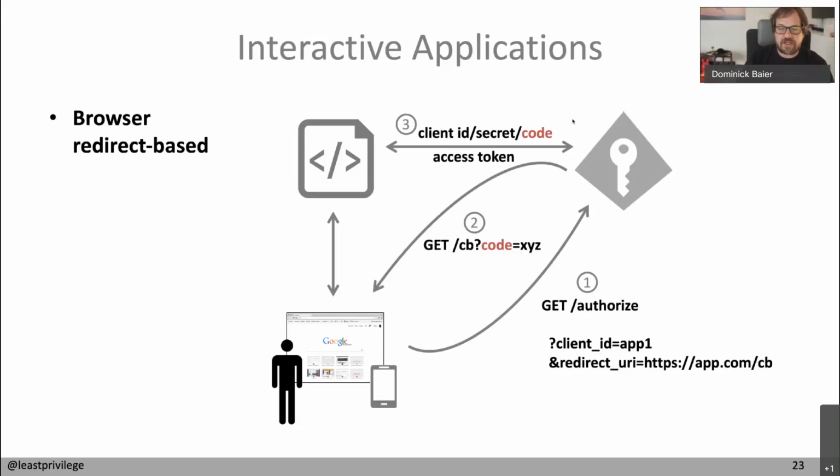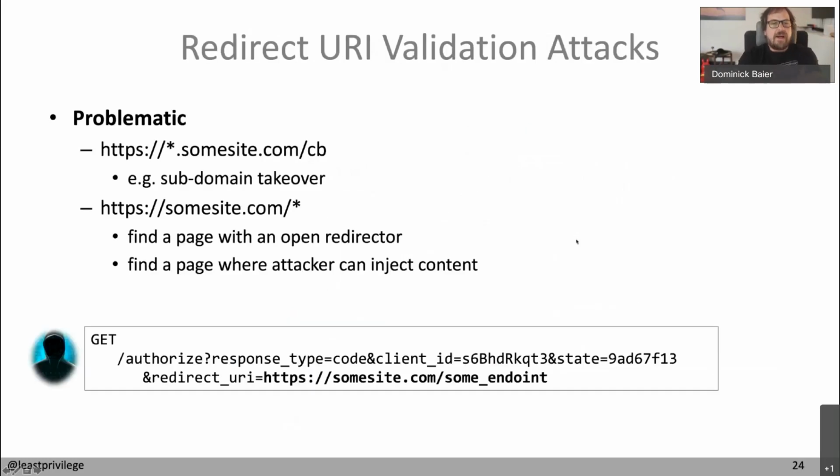Now, as you can imagine, these two redirects here are the main target, right? So let's have a look at attacks that specifically target the redirect URI. The original OAuth spec did not make any statement on how you should validate these URLs going back and forth to do the redirects. The threat model did, and also the OpenID Connect specification did.